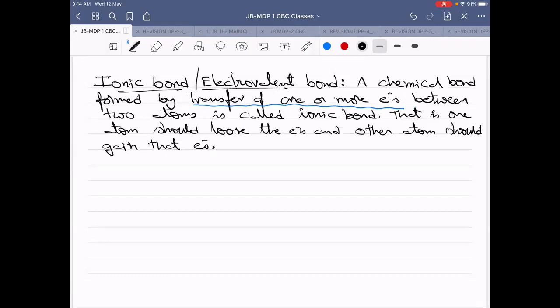Then it is called ionic bond. I will give you a simple example. Let's take a real example itself.